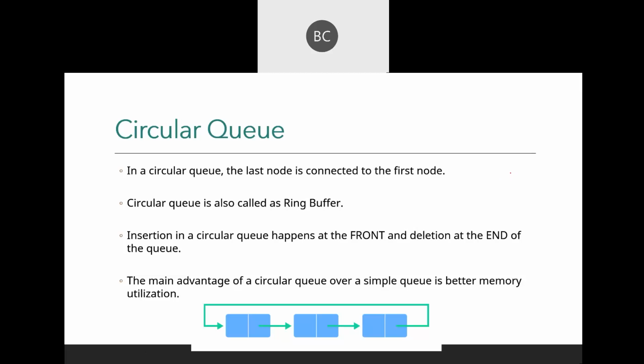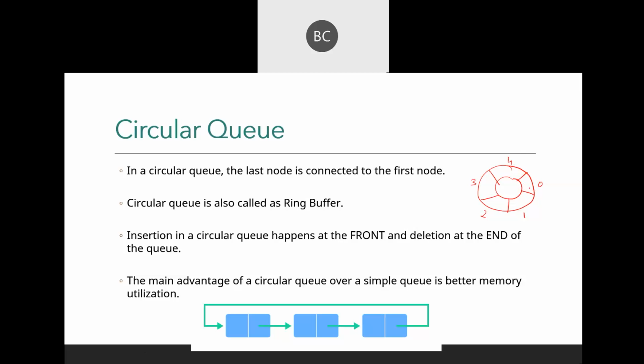So hypothetically, you can think of it like a circular disk with some space. Suppose 0, 1, 2, 3, 4.